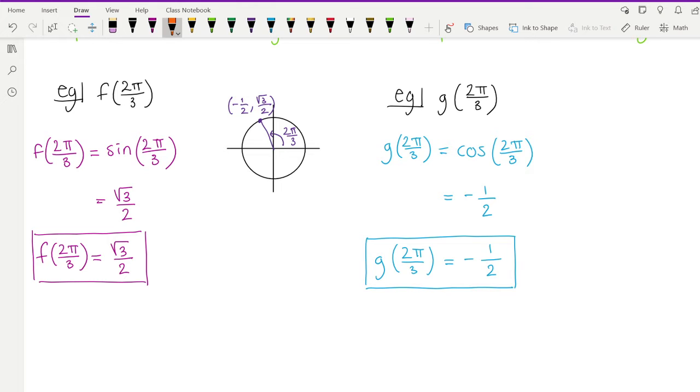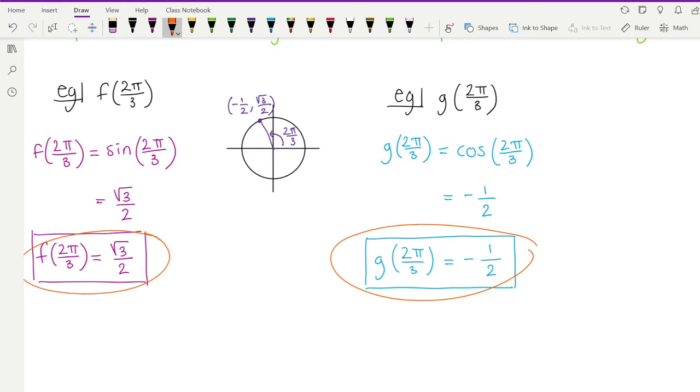I want you to think for a moment about what these two statements that I'm circling in orange tell you about points that lie on the graphs of f of t is equal to sine of t and g of t is equal to cosine of t. From what we wrote down for each of these, can you identify one point that lies on the graph of f of t is equal to sine of t and one point that lies on the graph of g of t is equal to cosine of t?